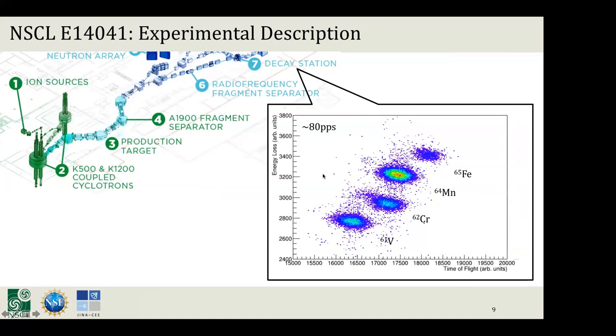We had a beam of about 80 particles per second that was mainly these four species: vanadium-61, chromium-62, manganese-64, and iron-65. But as you can see with momentum corrections from the I2 scintillator, these are fairly well separated, and we can study individual species very cleanly.